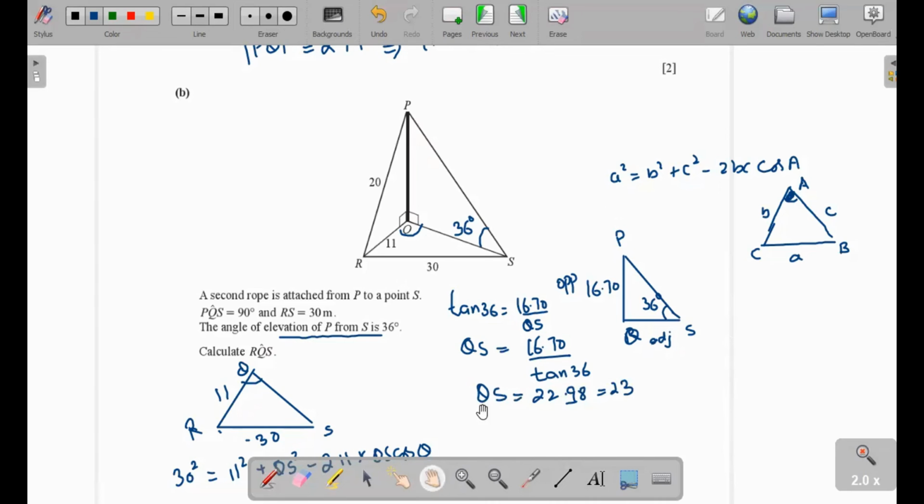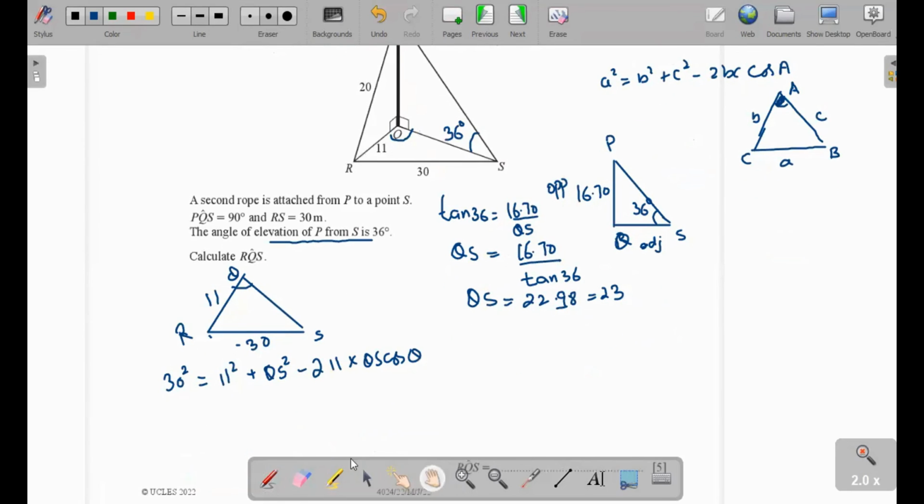Now this value is 23. We put the value here in this equation. 11 square is 121, plus 23 square, and minus 2 multiplied by 11 multiplied by QS, which is 23, multiplied by cos Q. This is Q, cos Q, and 30 square is 900.